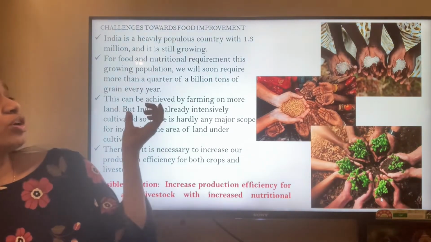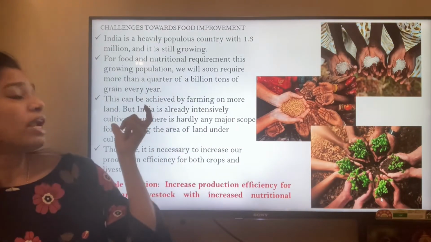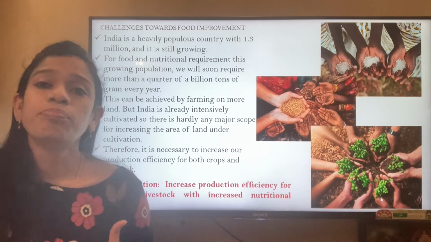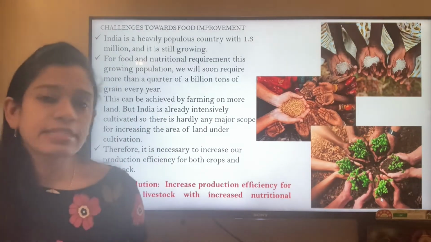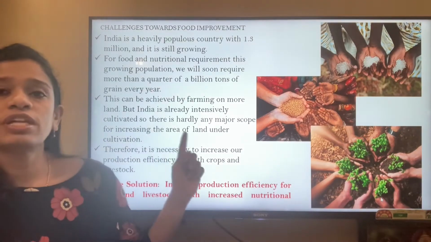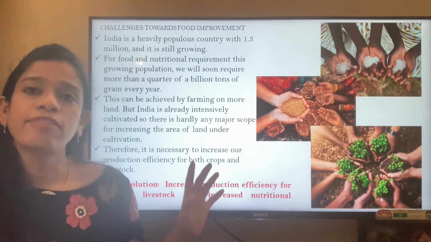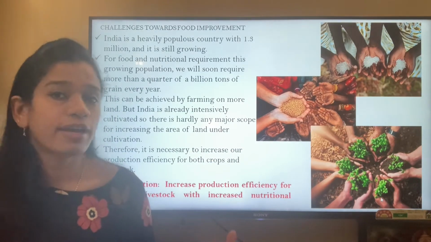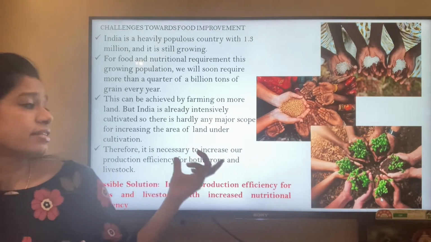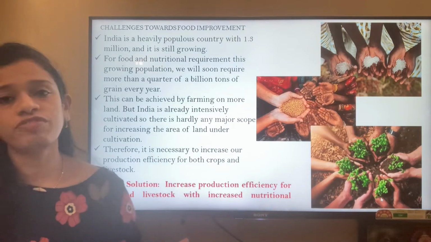In order to achieve this, farming on more land is a must. But India is already intensively cultivated, so there is hardly any land left to increase the area under cultivation. So it is necessary to increase the production efficiency.